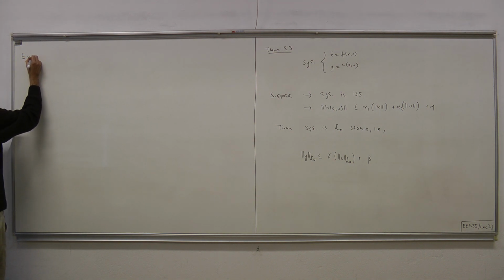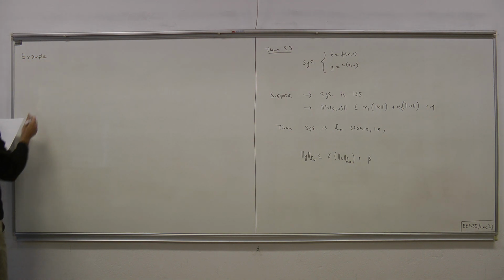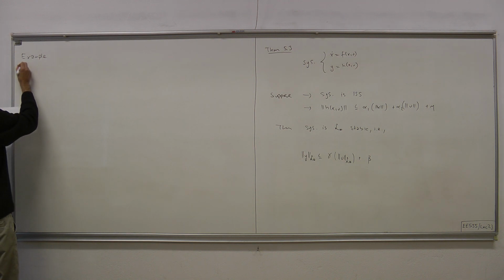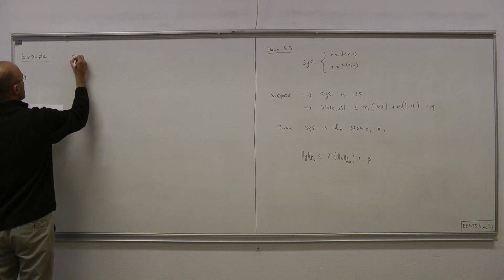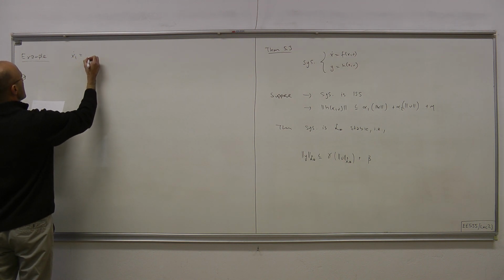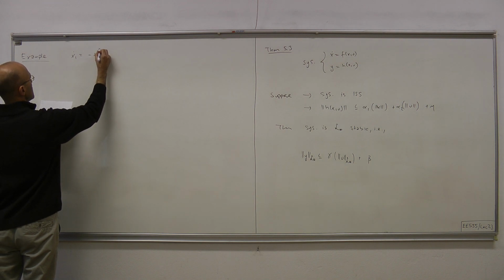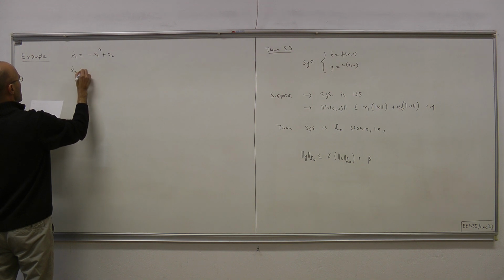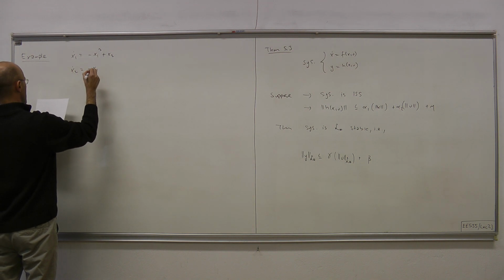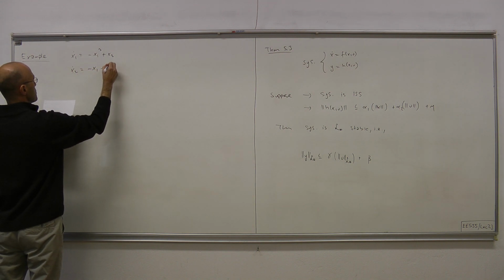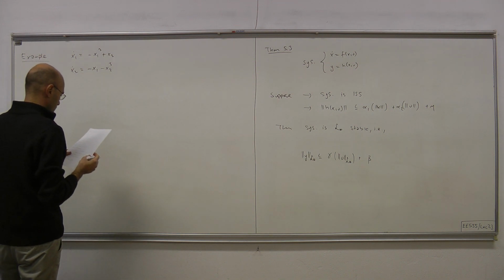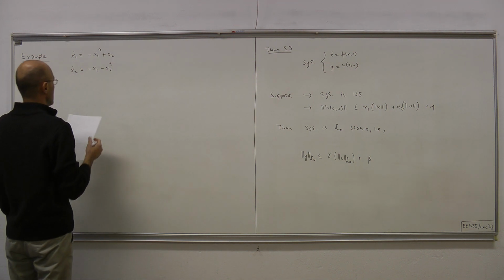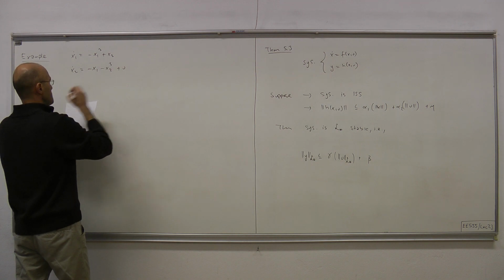Consider the following second-order system. x1 dot equals minus x1 cubed plus x2. x2 dot equals minus x1 minus x2 cubed plus u.